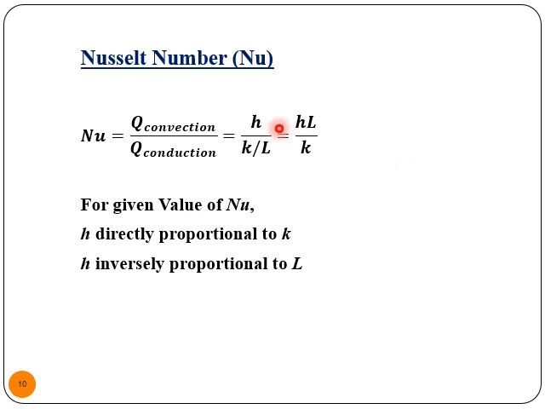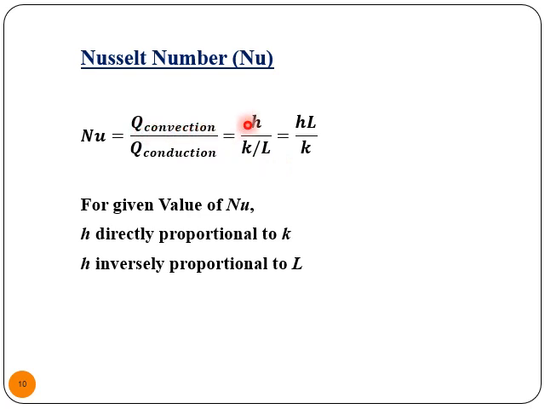Then you have another dimensionless number, which is Nusselt number, which is given by Q convection by Q conduction, or conductive resistance by convective resistance, the reciprocal of these two. So conductive resistance is B by Ka, and convective resistance is 1 upon Ha.